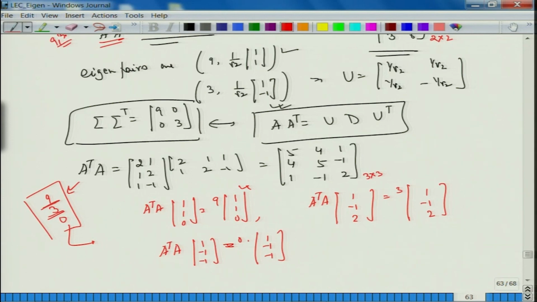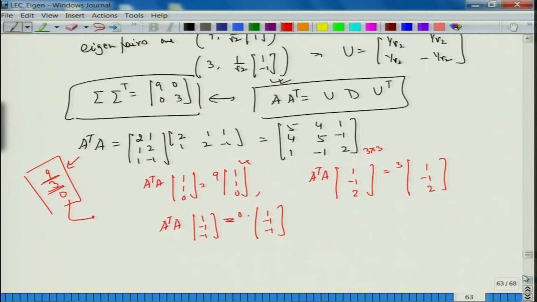Yeah. So the eigenvectors for me, so what we are looking at is V. V will be coming from these, of length 1 unit vectors, because I want V to be orthogonal. So it will be 1 upon root 2, 1 upon root 2, 0. This will consist of the second one. So this was 9. See, I have to keep the same order. 9 is here, 3 is here. So first I am looking at 9.